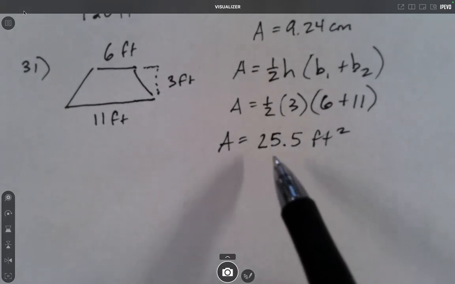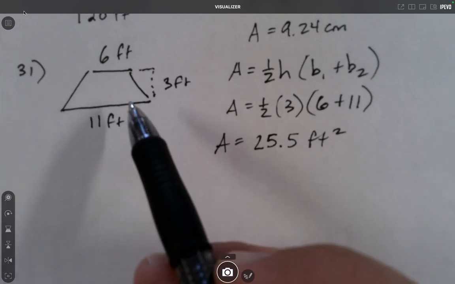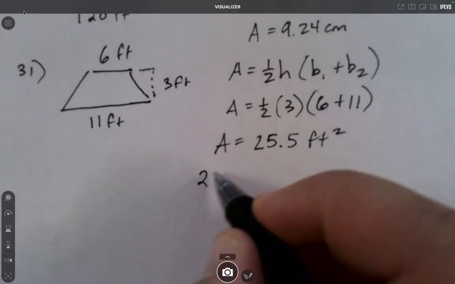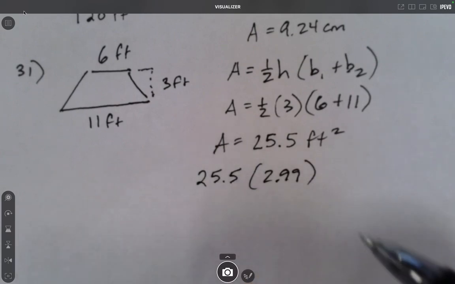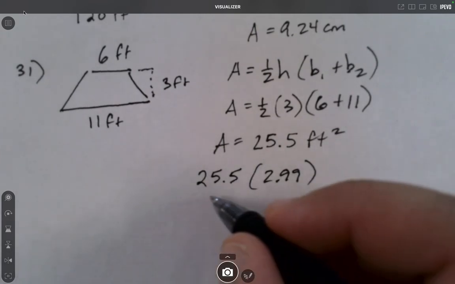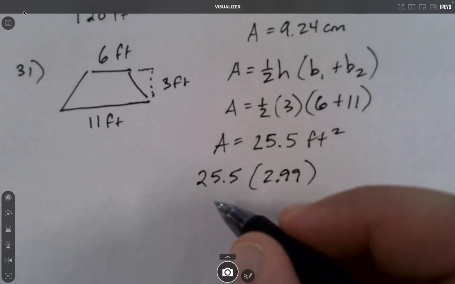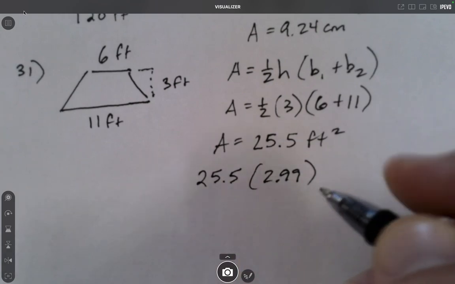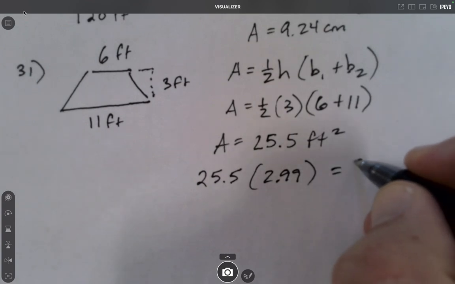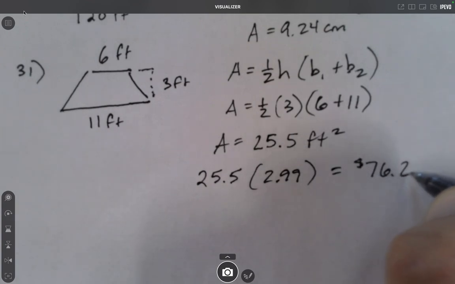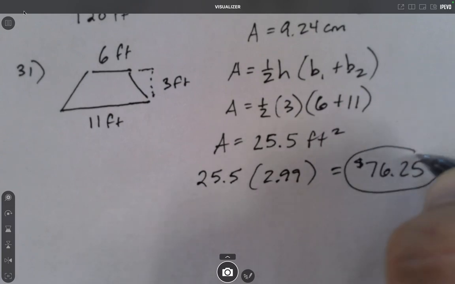So we have found how many square feet that area is. Now we need to multiply that by $2.99 to figure out what the total cost would be. So 25.5 is the number of square feet. It costs $2.99 per square foot. So we get a cost of about $76.25. And that's rounded to the nearest penny.